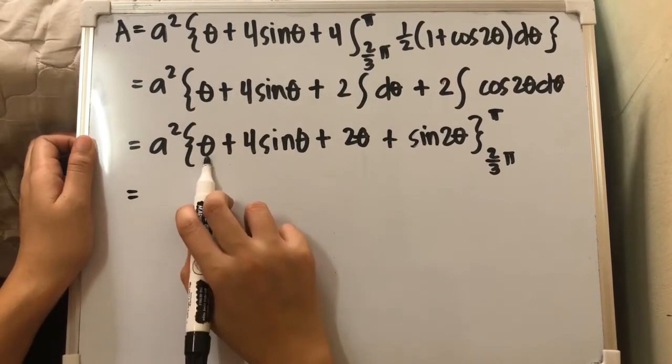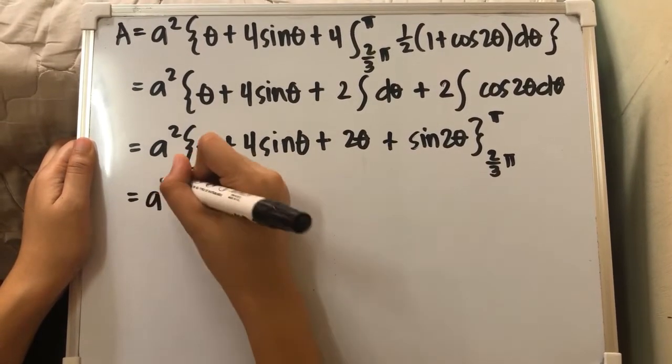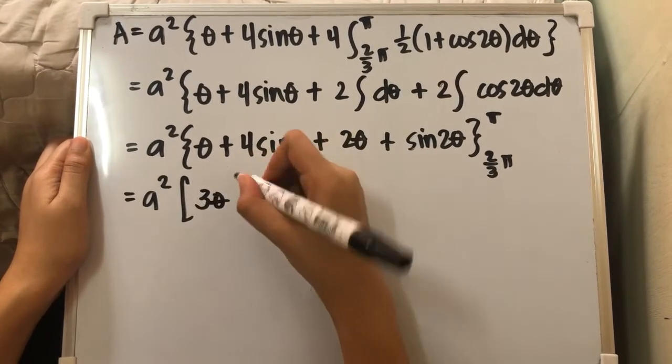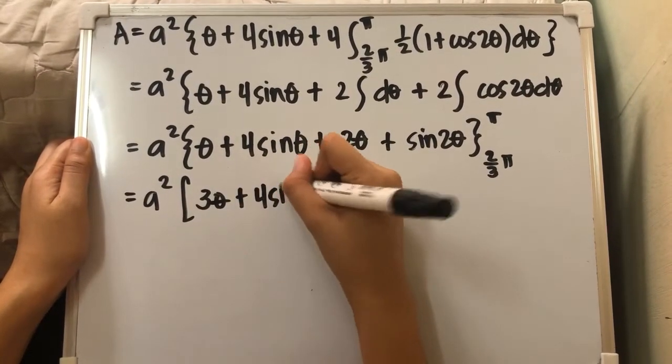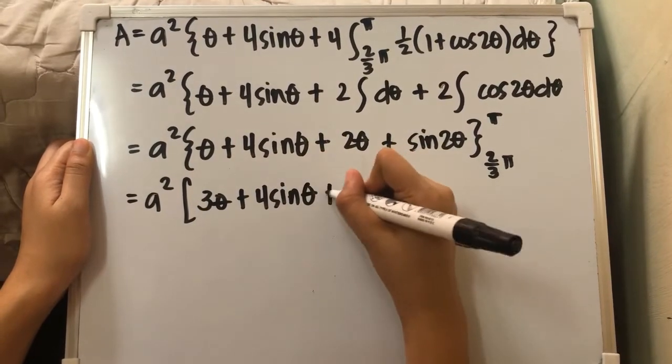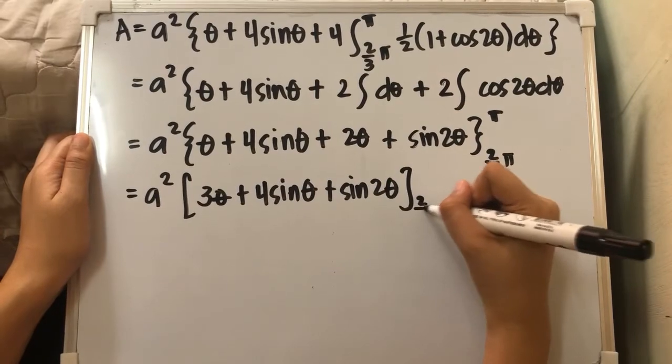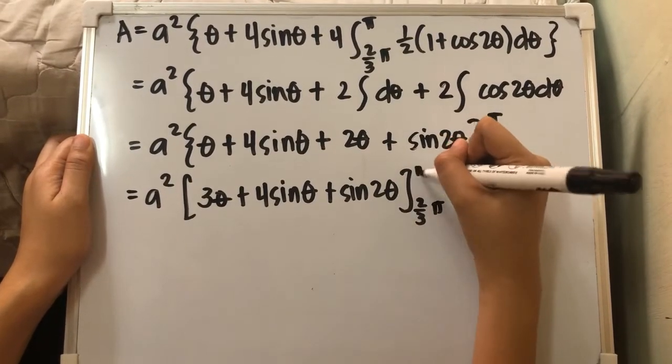So theta plus 2 theta, we can just write that one as 3 theta plus 4 sine theta plus sine 2 theta from 2/3 pi to pi.